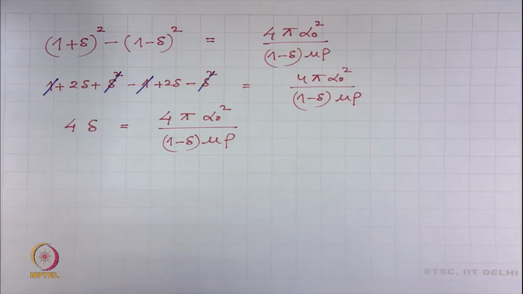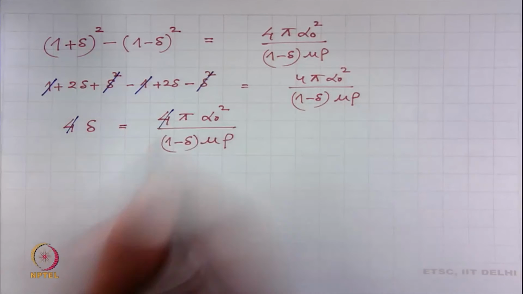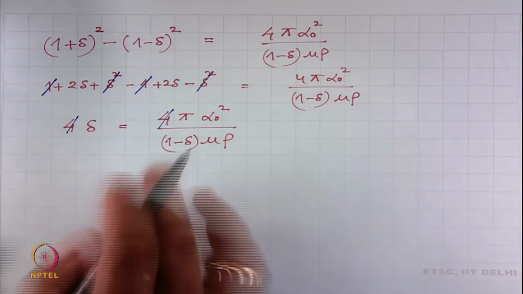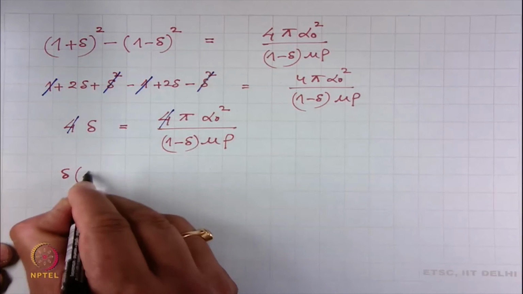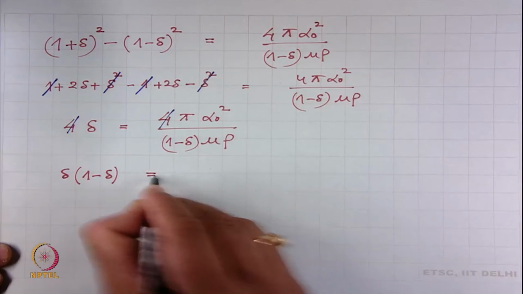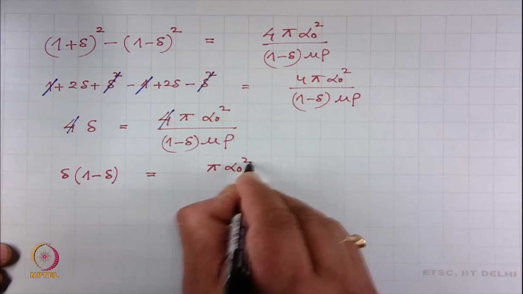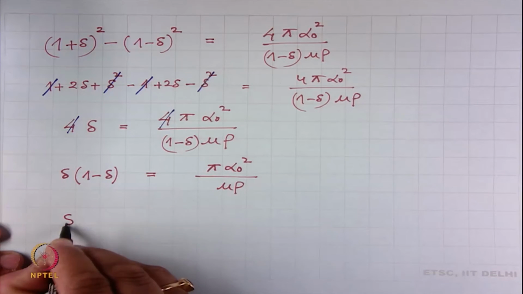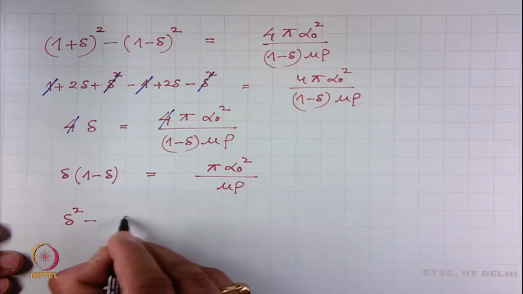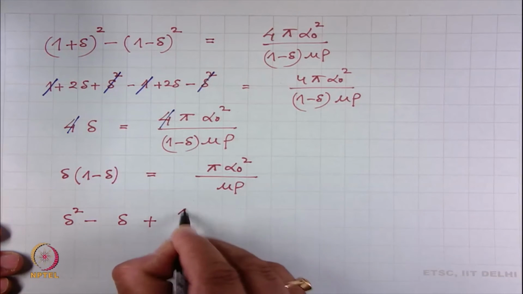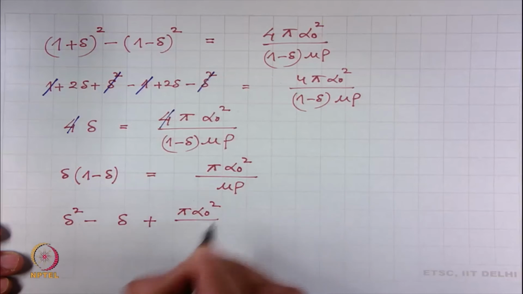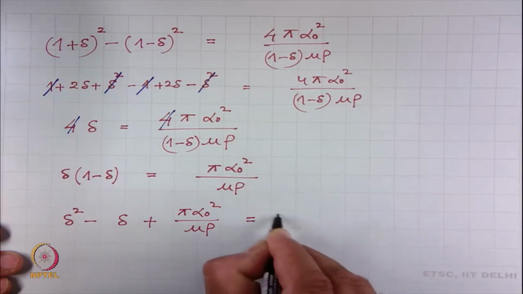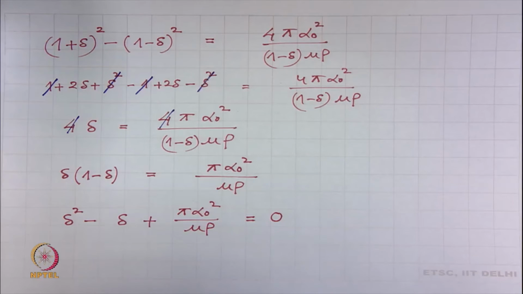This 4 we cancel out, and we can write now all one side pi per squared by mu into rho. Okay. Then we can write square minus this plus this equal to 0. So, we finally obtained a quadratic expression.